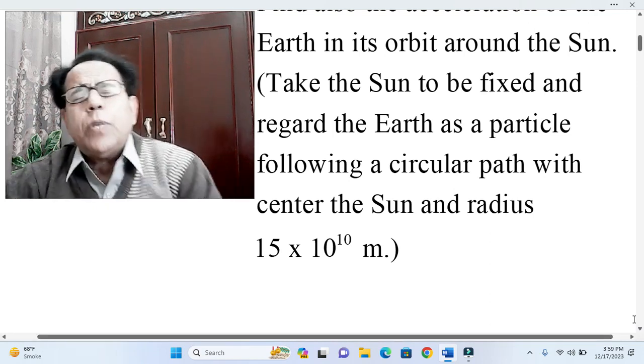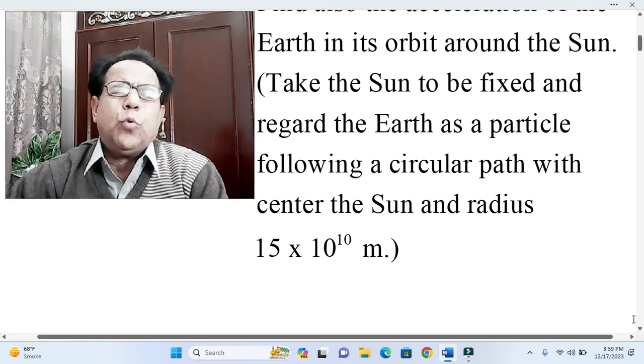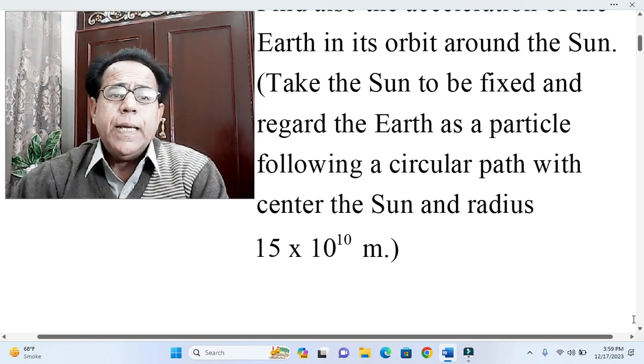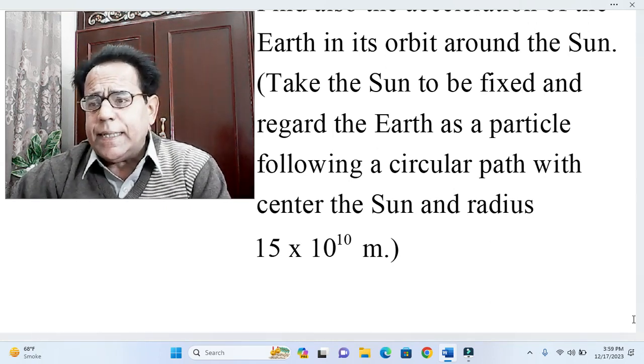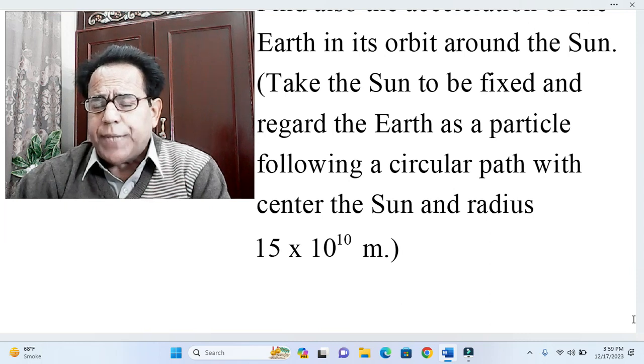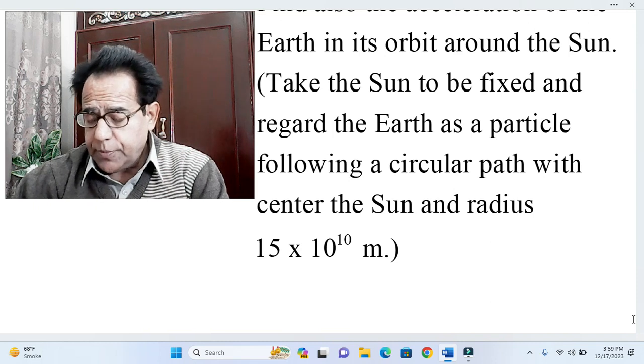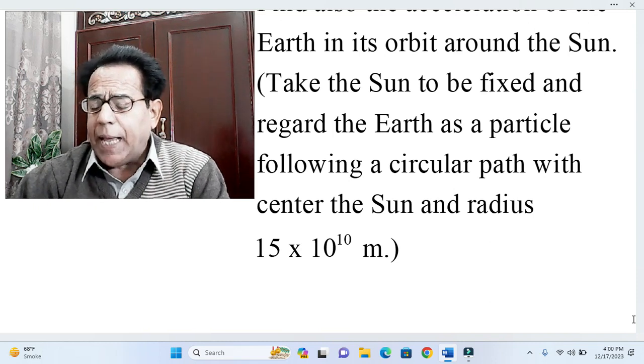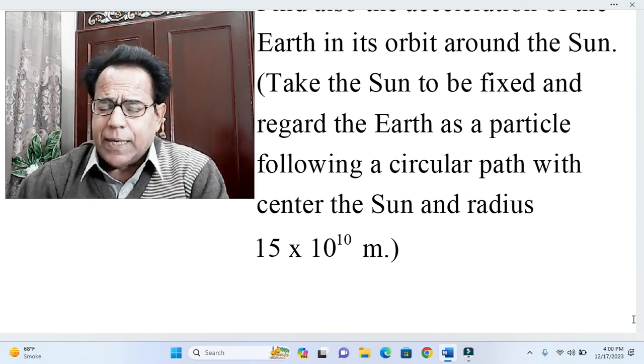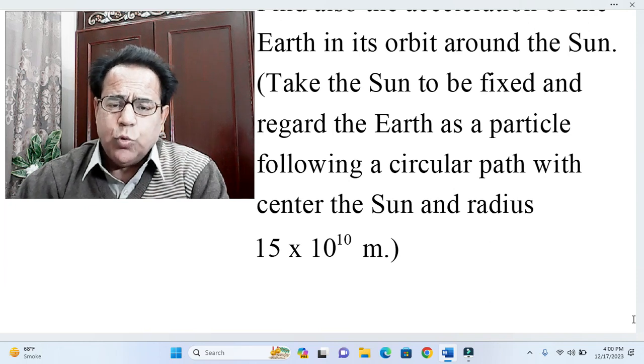Dear students, this is quite a simple problem. It is related to centripetal acceleration. Moreover, as we know, our Earth revolves around its axis as well as around the Sun.